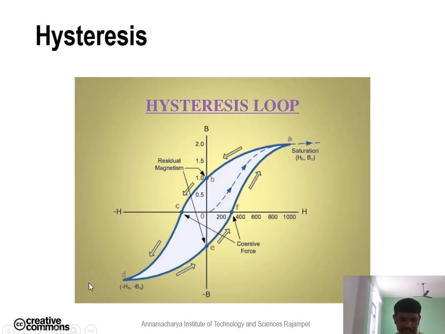Again the magnetic field increases from negative to 0, 0 to positive, and the remaining half loop is closed. First the magnetic field increases from minimum to maximum, then it decreases from maximum to 0, 0 to negative, and in the negative direction it is maximum.